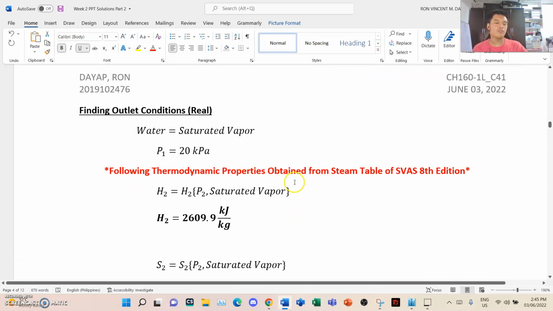Next, we need to find the outlet conditions in the real scenario. Not isentropic, but real. We already know that it is a saturated vapor exiting the turbine at 20 kilopascals. So we don't need the temperature, because we already know it's saturated vapor. We just need to focus on the saturated steam table.